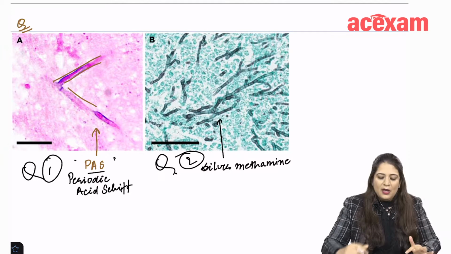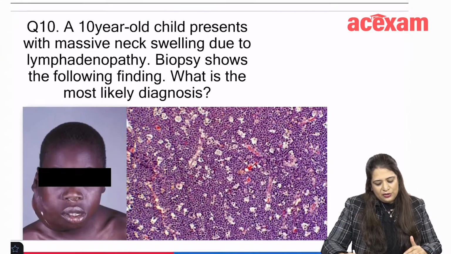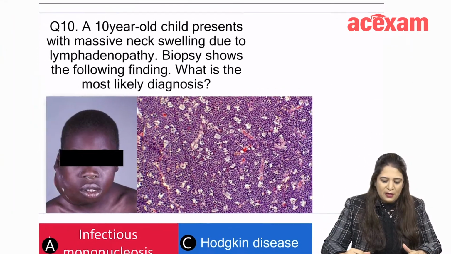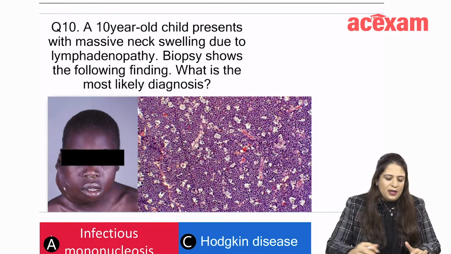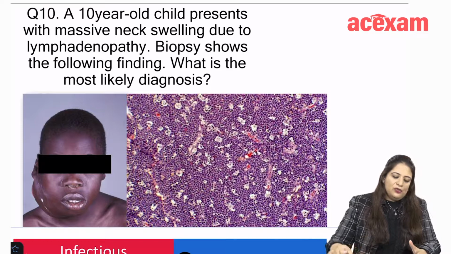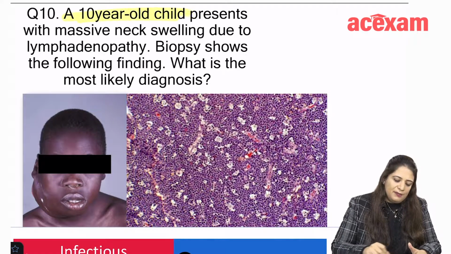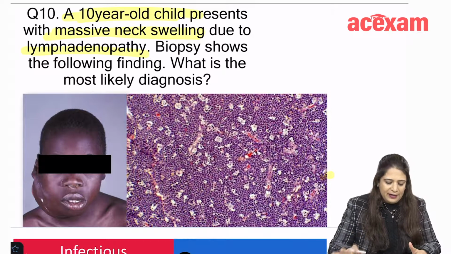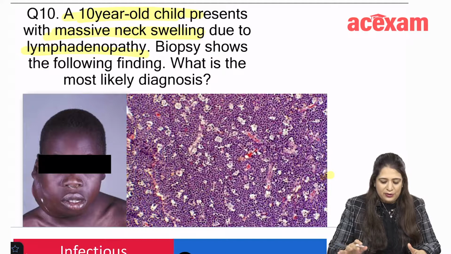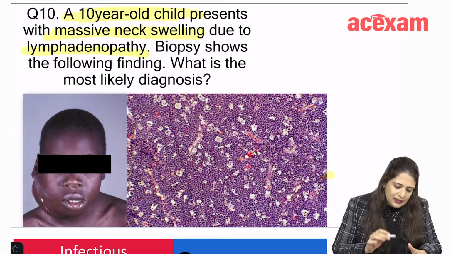All right. So let us move to the last question, and if you know the answer to this question, you are good to go. A 10-year-old child presents with massive neck swelling due to lymphadenopathy, and the biopsy shows the following finding. What is the most likely diagnosis? So we have a clinical picture of a child.